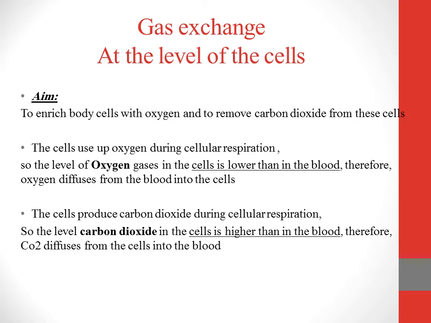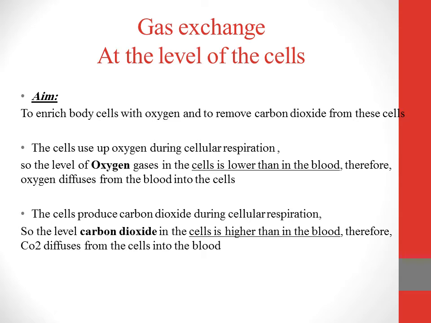This means that at the level of the body cells, the blood is rich in oxygen, while the cells are poor in oxygen because it was used up during cellular respiration, so oxygen will diffuse from the blood into the body cells.